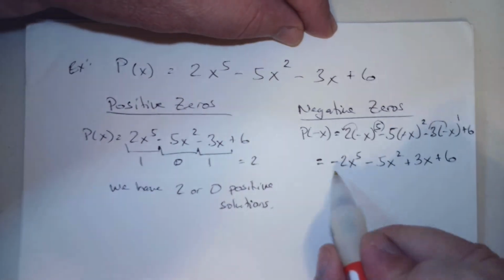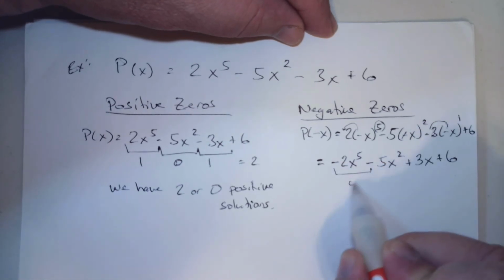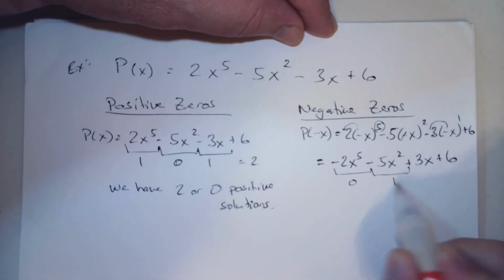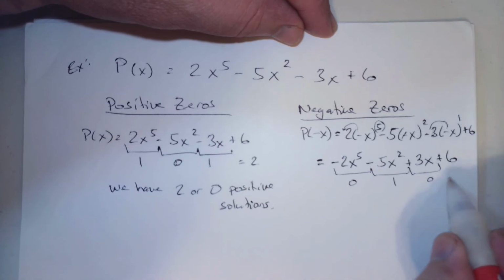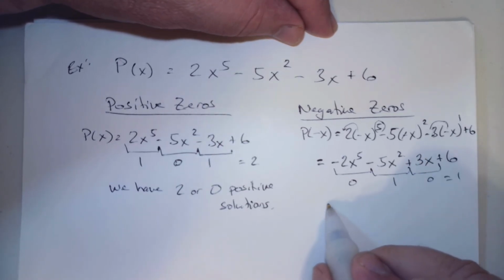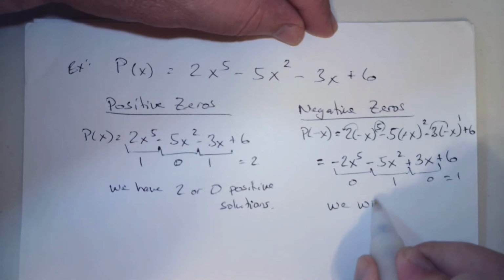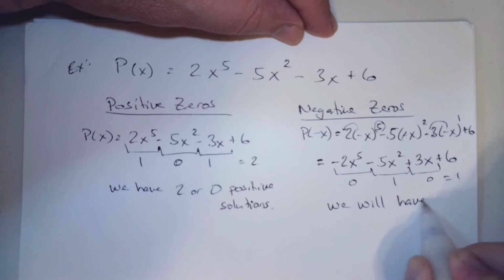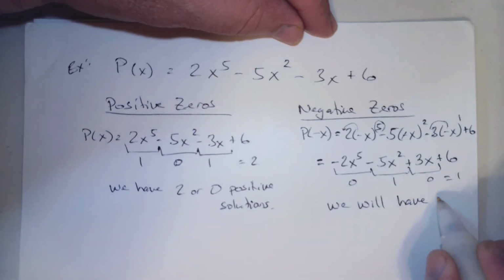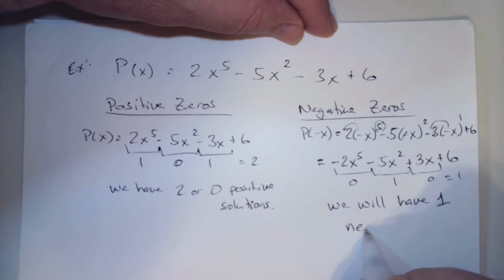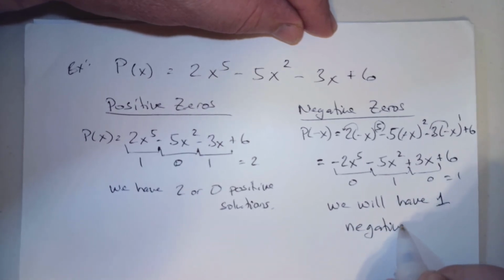So look at the changes. 1 change. If you only have one change, then that has to be the right one.